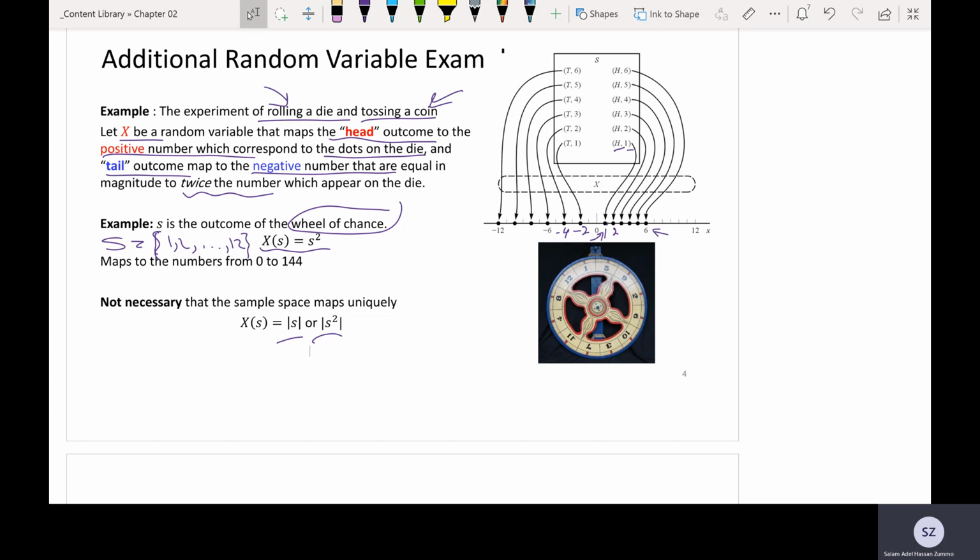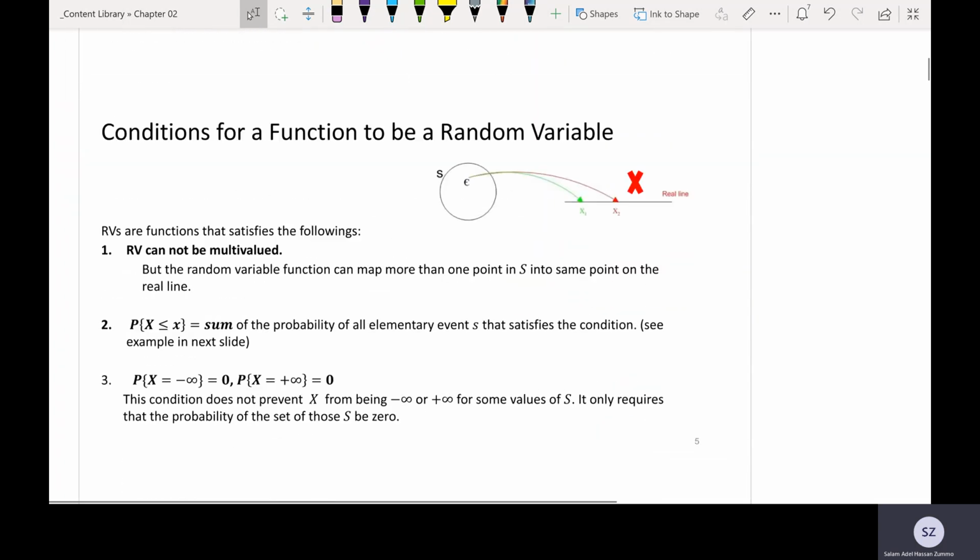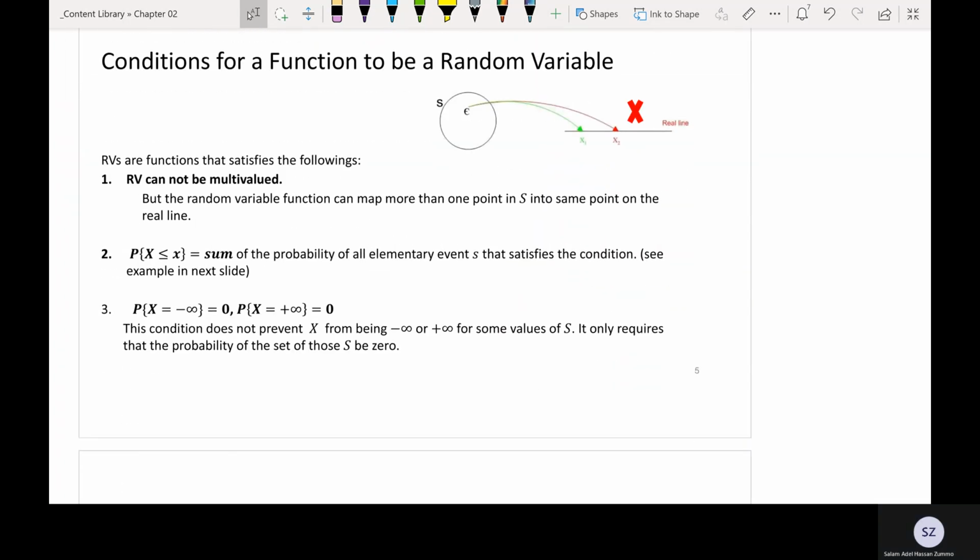Let me move on and we get more examples here. These are the conditions of a random variable. We talked about them. A random variable cannot be multi-valued. One element cannot take 2 values.